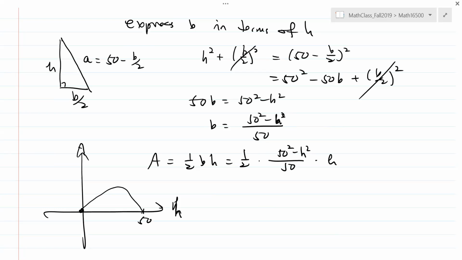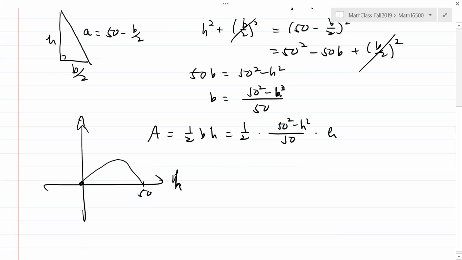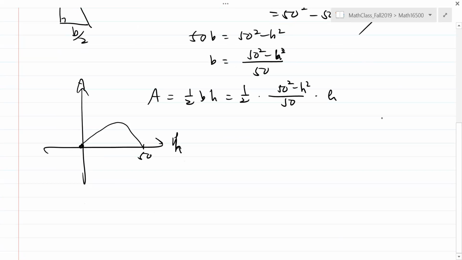So what is the largest possible area of this isosceles triangle with a fixed perimeter? If I ask you this question, you can solve this problem, right? Because you can always make the height as small as possible, as large as possible. No, it cannot be too large because of the perimeter. Look at this h.